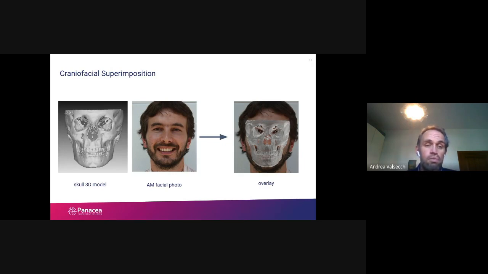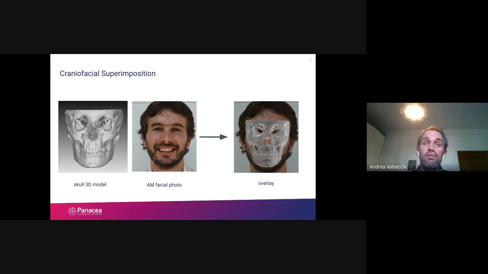And we want to create an overlay between the 3D model and the photo. The thing is that now the two objects are not the same. There is a skull and there is a face, which are very similar in a way. I mean, geometrically, they are quite close, but they are not the very same object.